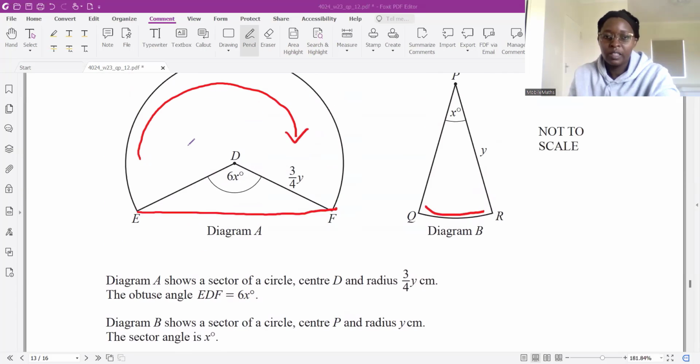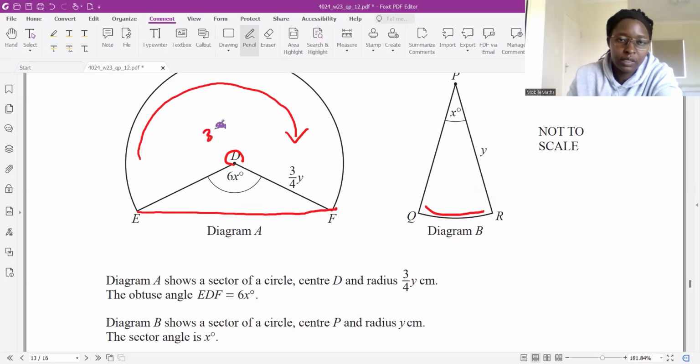What is our x? The angle on this sector here is 360 degrees minus 6x degrees.